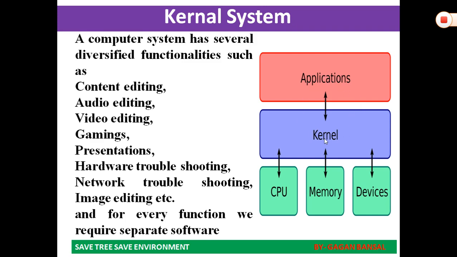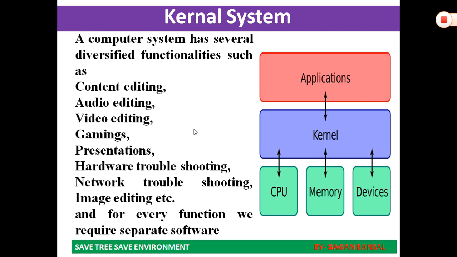From the figure it is clear that a kernel is an interface between an application, that is software, and the hardware. Hardware can be the memory of the system, it can be the mind of the system, that is CPU, and it can be the various operating devices.